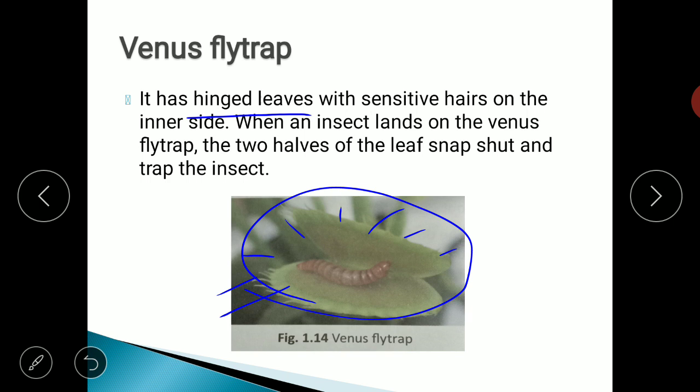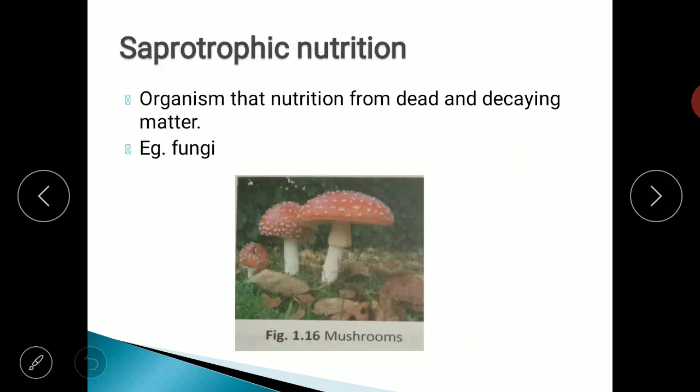When an insect lands on the leaf of the Venus flytrap, the two halves of the leaf snap shut, it closes. And once it closes, the insect is trapped inside, it is not able to come out. And the Venus flytrap plant takes the nutrition from the insect.